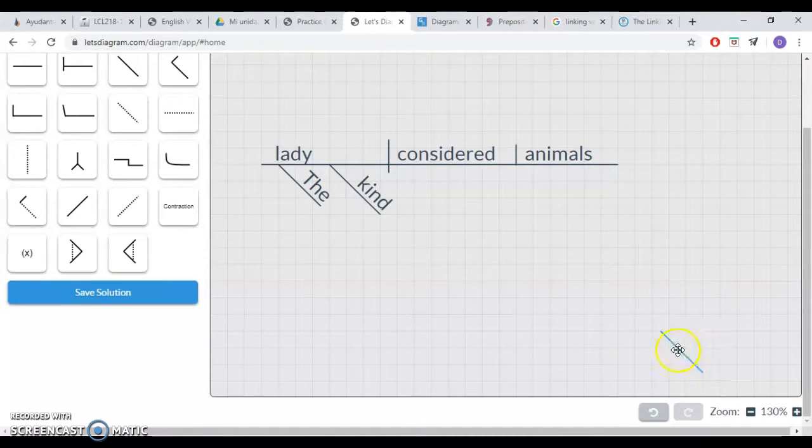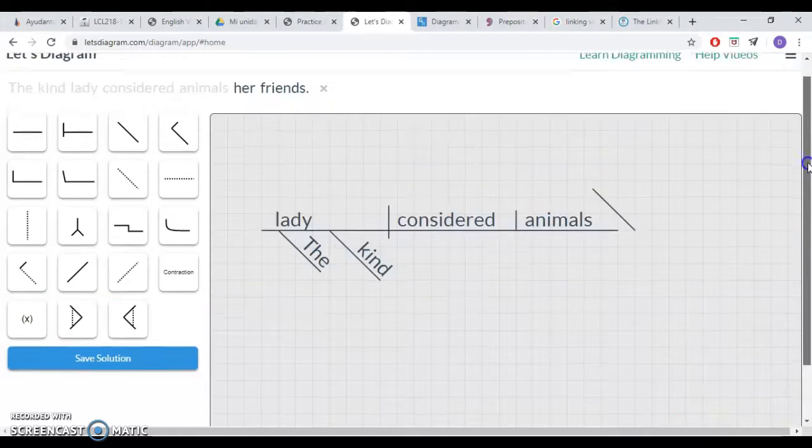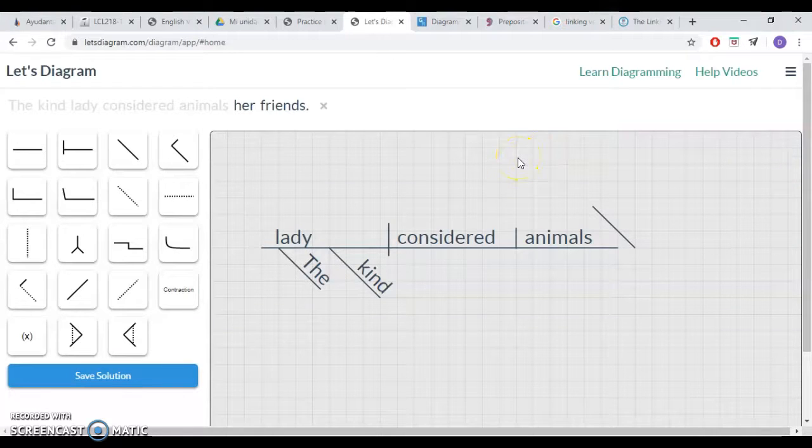This is why I wanted to explain linking verbs first, because it helps understanding the idea of this type of line, helping with the function of complementing, okay. So we have this line and we have her friends. So as the final element we have the object complement, okay.